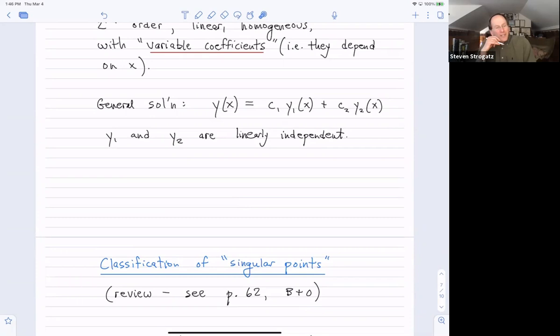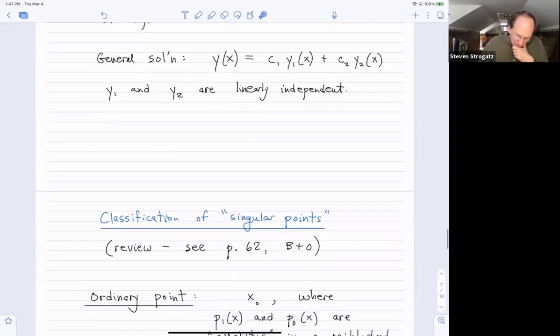You would learn this when you do the chapter on power series solutions of differential equations. So again, I'm going to pretend that that's a review. If you need to review it, you could read the book around page 62 of Bender and Orszag. They go through pretty quickly, but you may want to look at some other textbook on differential equations if you haven't done this topic before.